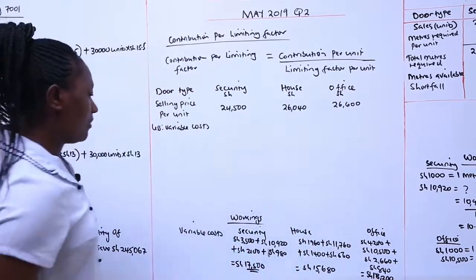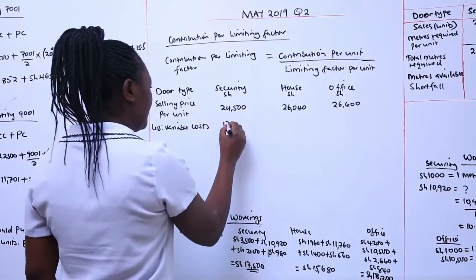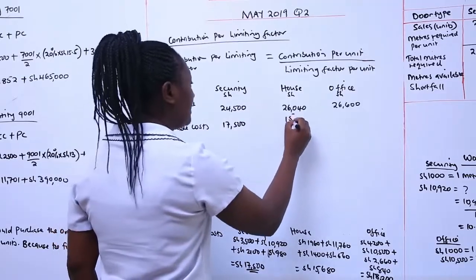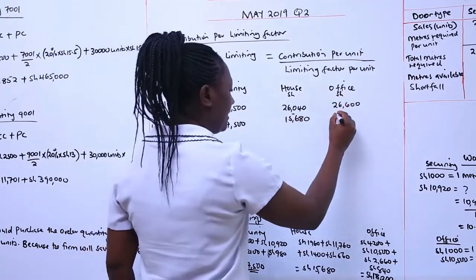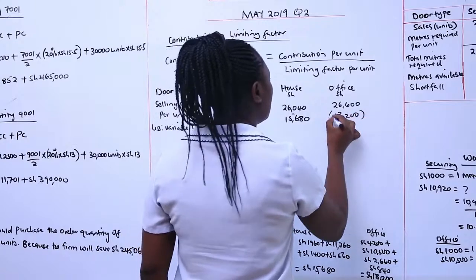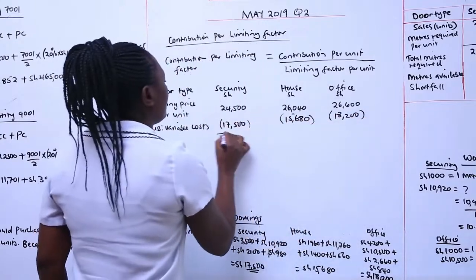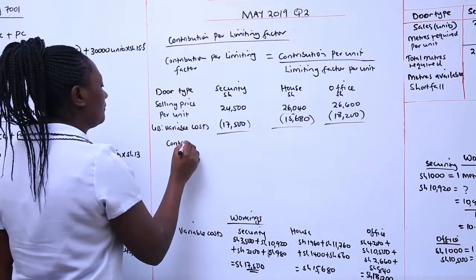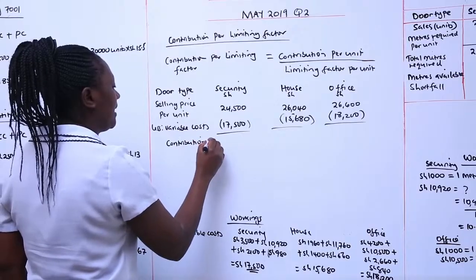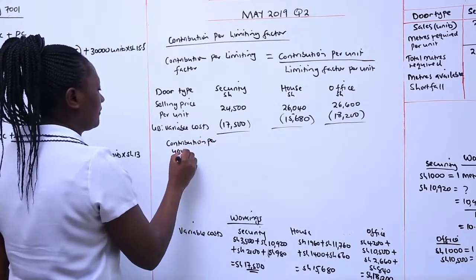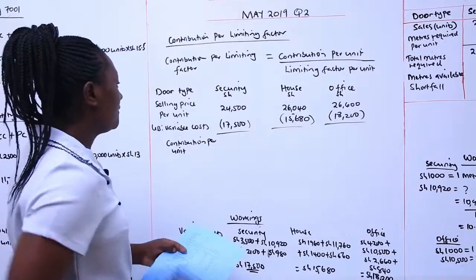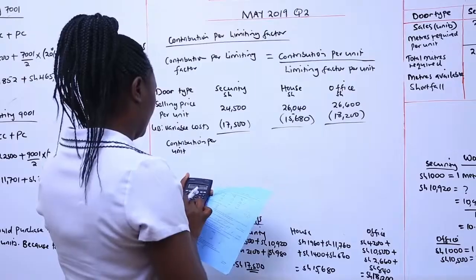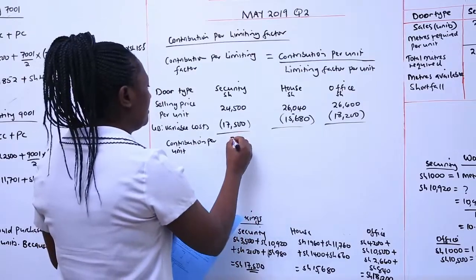So those are our variable costs. We bring these figures here. So we have 17,500, 15,680, then 18,200. Subtract that to get contribution per unit. So contribution per unit for security is equal to 7,000.